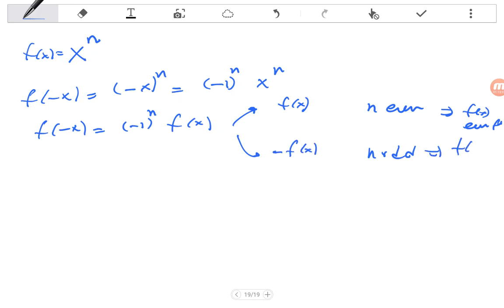So in this case, f of x will be an odd function. So we just learned a rule that for a power function, if the power is even, then the function itself is even. And if the power is odd, then the function itself is odd. Okay? So this is a rule.